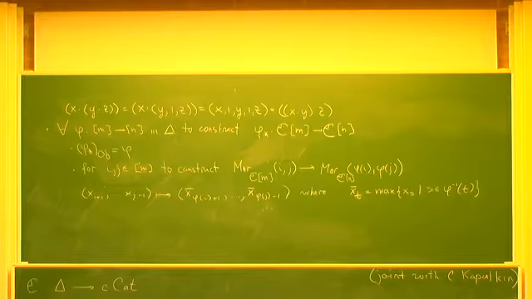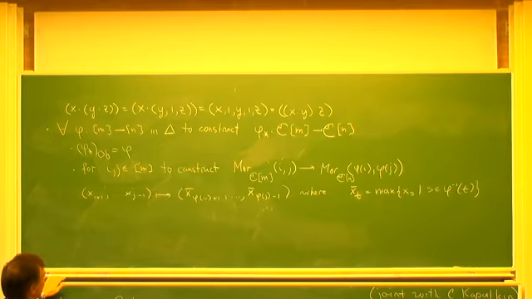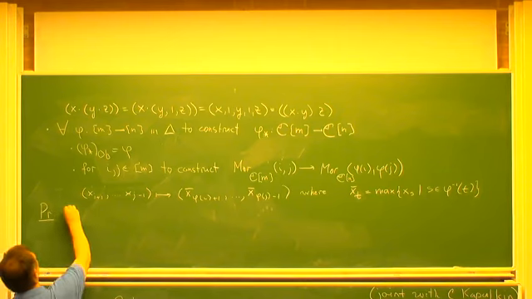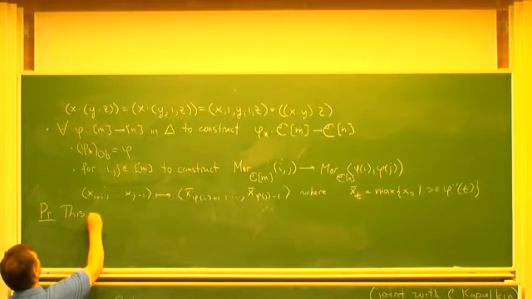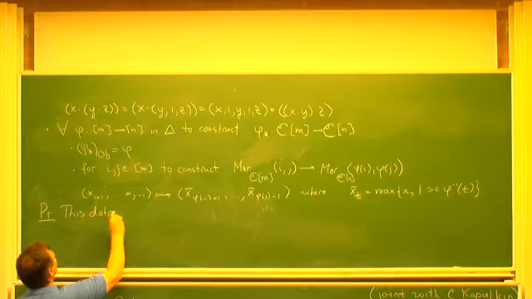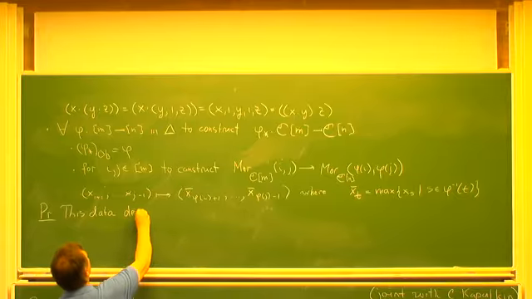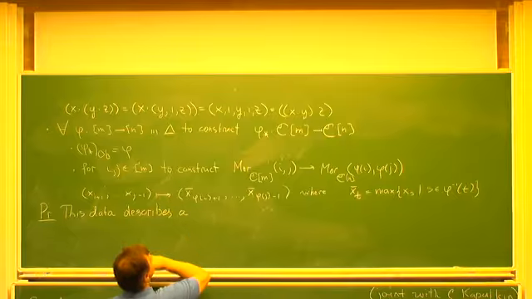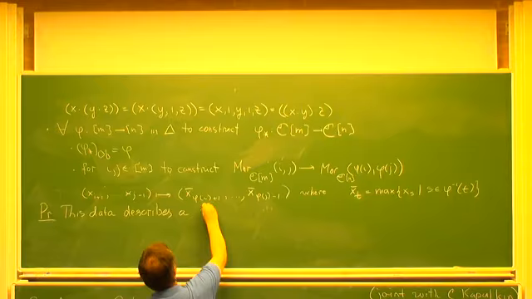But all of that needs to be verified, so one has to verify several properties, and at the end one comes to the proposition that this data describes a function.